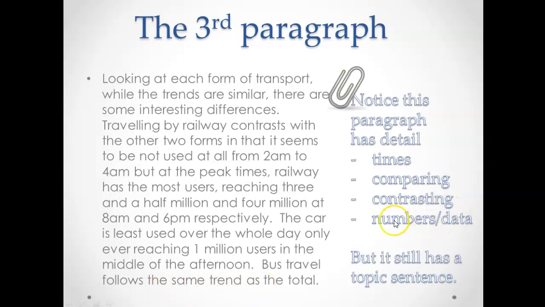It provides the examiner with a little bit of numbers and data, and it still has a topic sentence to tell the examiner that in this paragraph you will describe each form of transport, or you're going to give the detail.